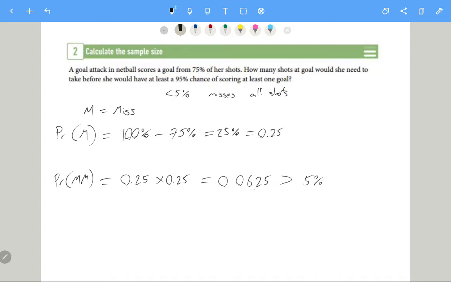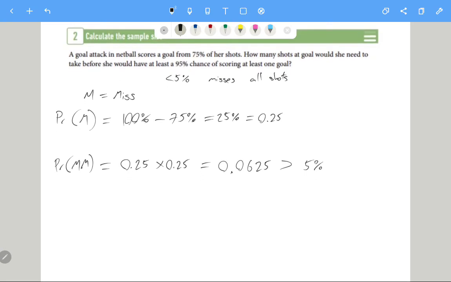Because as a percent this would be 6.25%, but it's 0.0625, which is bigger than 5%, and we need something smaller than that. So let's look at the probability of 3 misses in a row. And you'll notice that since we're just going to be multiplying by 0.25 three times, I may as well just write it to the power of 3, to speed things up.